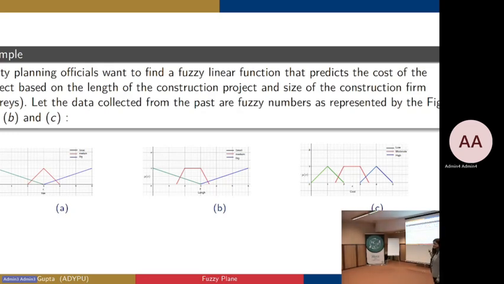Here we need a fitted fuzzy plane so that we can forecast the data, and another application can be seen in enhancing images. Sometimes there is also a possibility to apply this type of fuzzy plane.